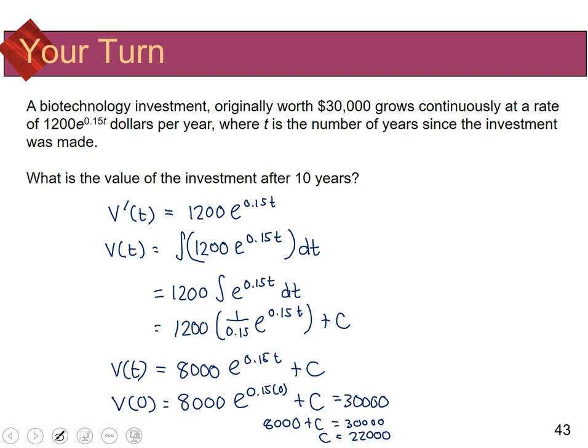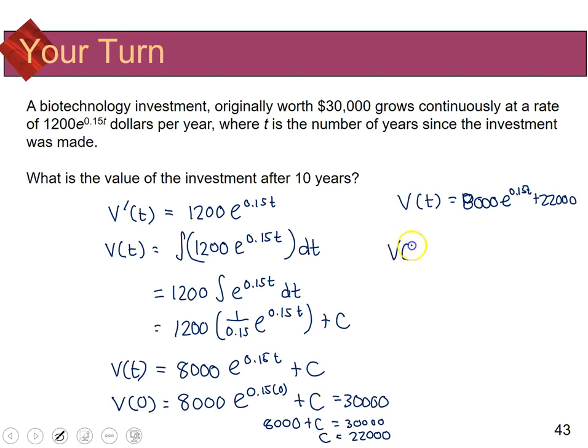So the formula I needed for this is 8,000e to the 0.15t plus 22,000. Now that I have this, I can figure out what the value of the investment will be after 10 years. So what is the value of that investment?